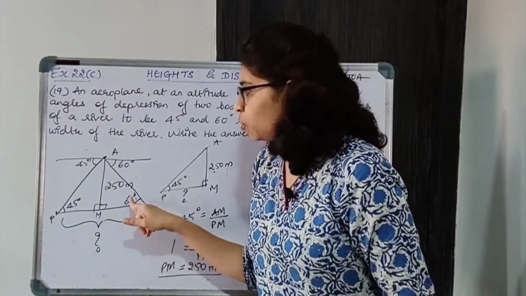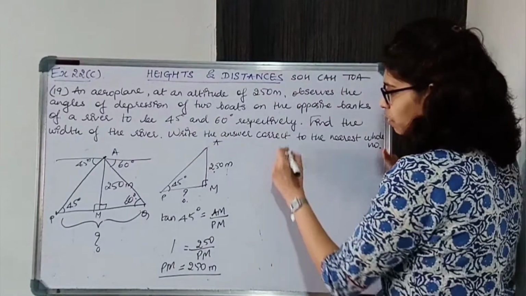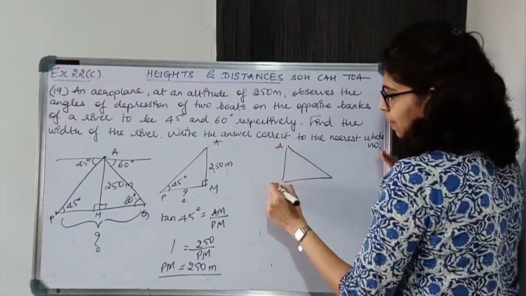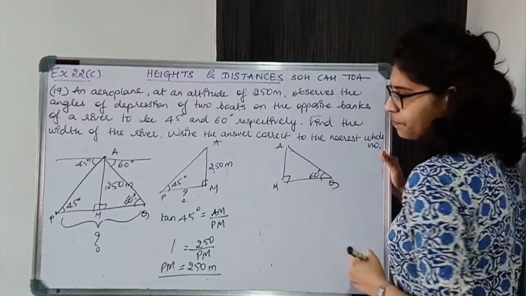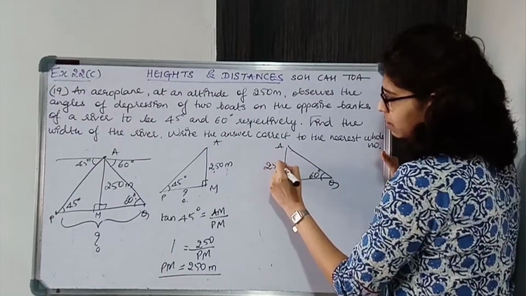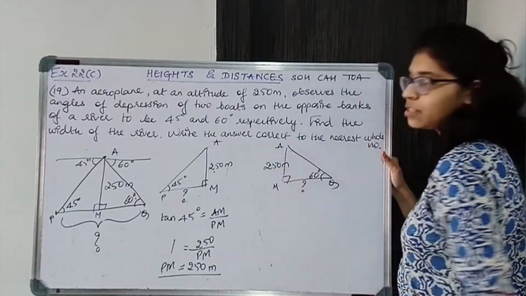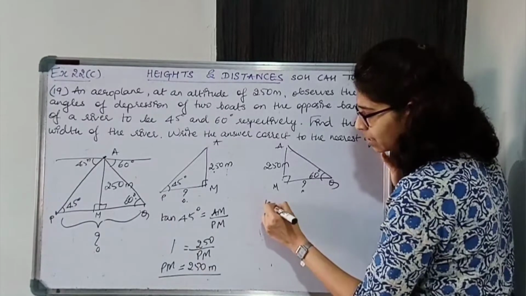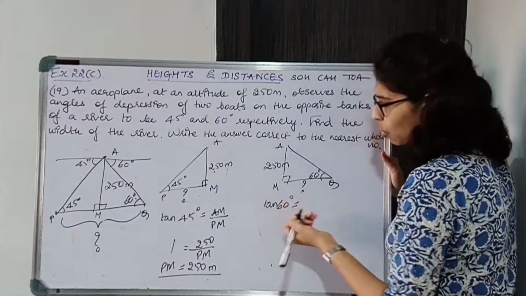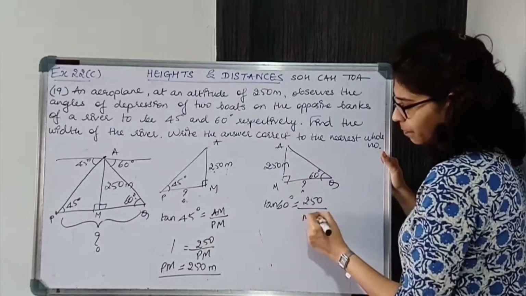To find MQ, we'll consider this right angle triangle AMQ. AMQ, this is 60 degrees. This is 250 meters. The opposite of the angle is known, we have to find the adjacent. This is the adjacent side. Again tan, TOA. So tan 60 is equal to opposite, that is 250, upon adjacent, that is MQ.